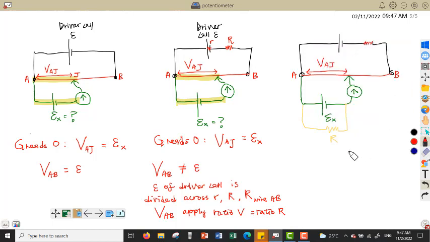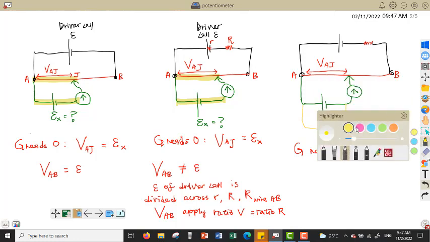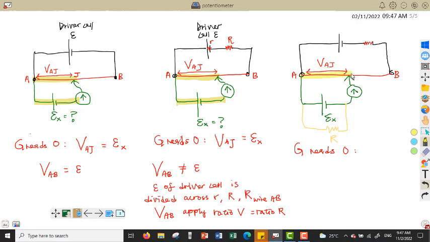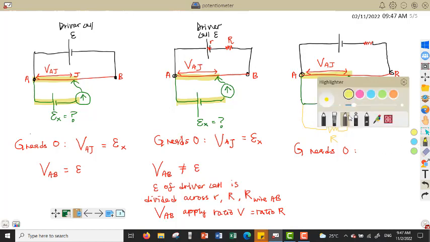Then another situation that we might have is, we might connect an external resistor across the terminals of the unknown battery. In this situation, when our G reaches 0, the voltage across the balance length will not now equal to the EMF of the battery.